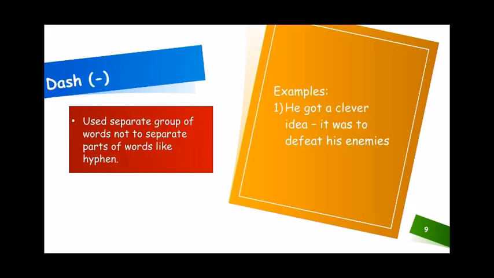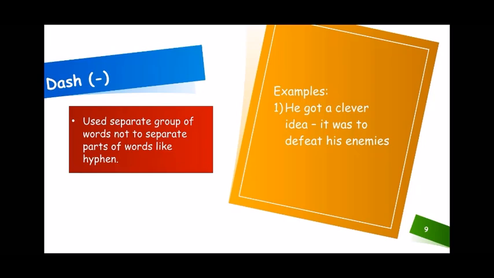Dash. It is used to separate a group of words, not to separate parts of words like a hyphen does. So the difference between dash and hyphen is that they both look the same, but the hyphen is a little smaller than the dash.